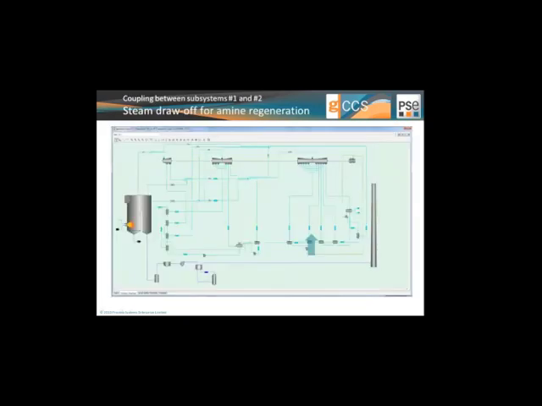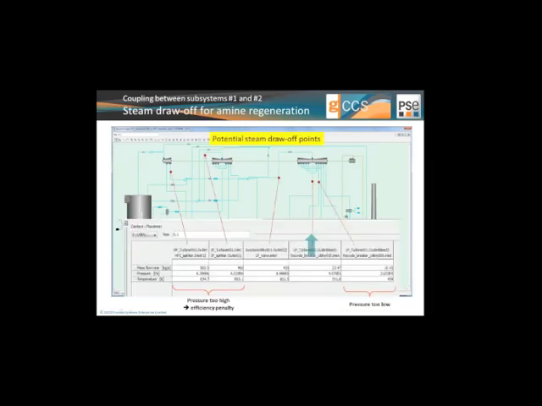Just to look into something, again going back to the webinar delivered by Vladimir Weissman, one of the things that you can do with this tool is look at the optimal point for the steam draw for the amine regeneration. In this case, there are several potential points for draw-off. Some are obviously not suitable owing to the high temperature and high pressure and therefore high efficiency penalty.